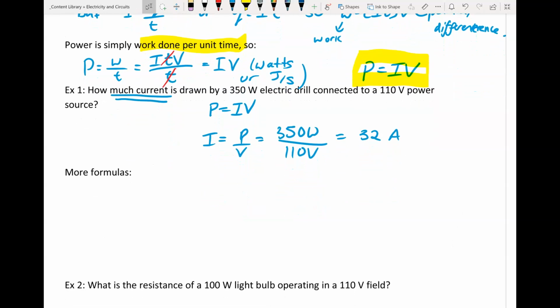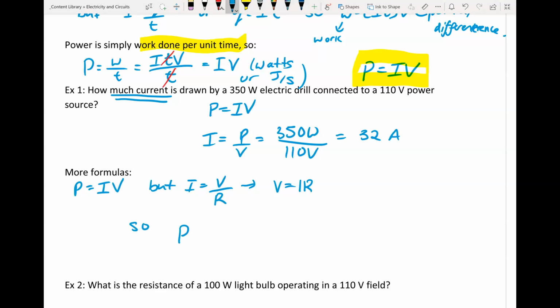We're going to derive a few more formulas that we're going to use. So using P equals current times potential difference. And we also know that the current is equal to V over R. And if I rearrange this to solve for potential difference, it's our current times R, which is the resistance.